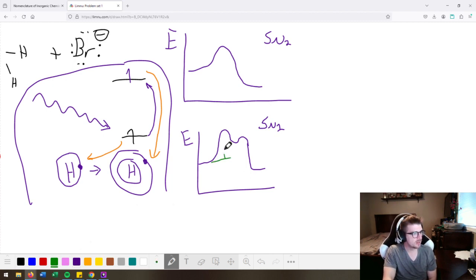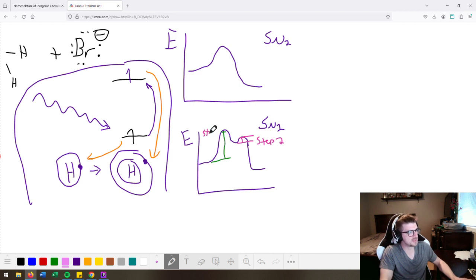The first step here has a really large activation energy, and the second step has an activation energy from here to here. So step 2 is just that large, and step 1 has this really large activation energy.